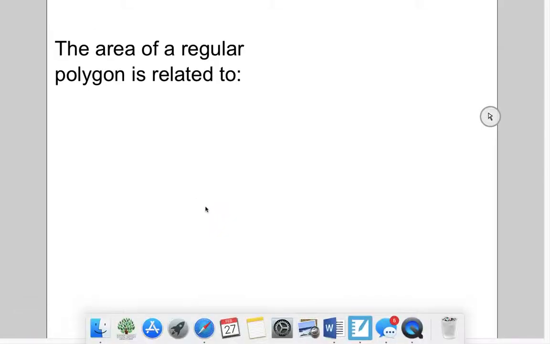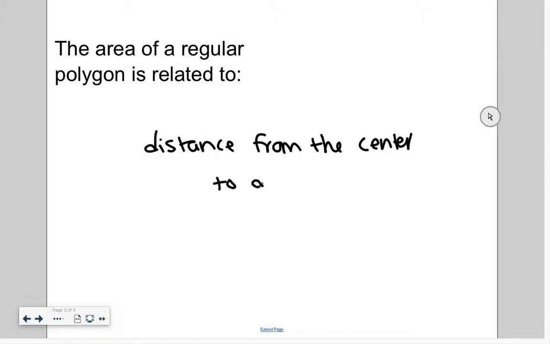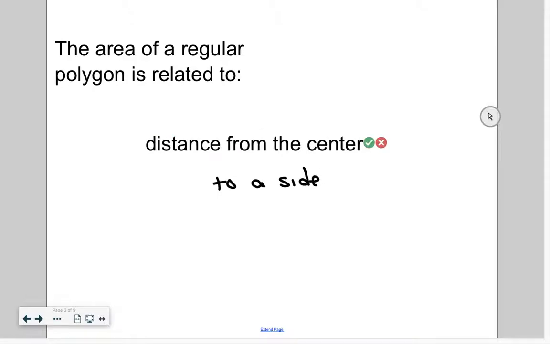Now, the area of a regular polygon is related to the distance from the center to a side, as well as the perimeter.